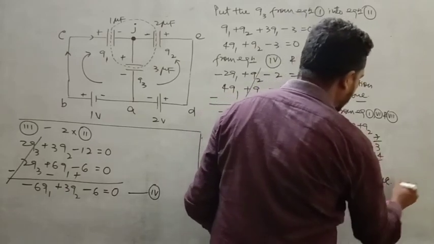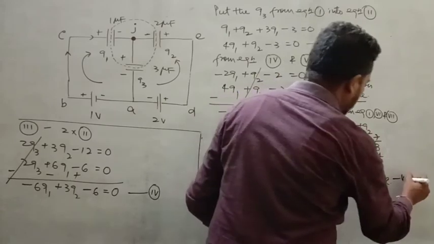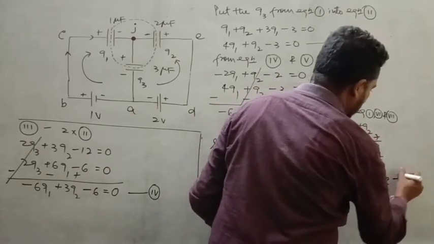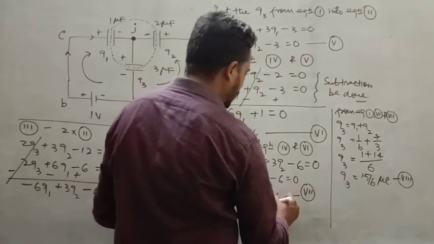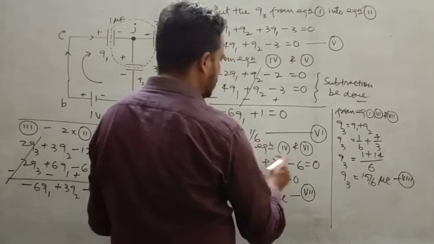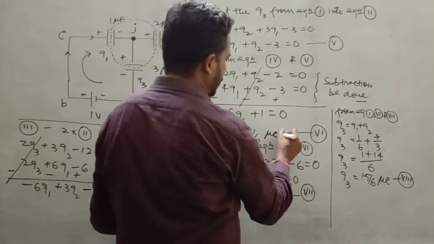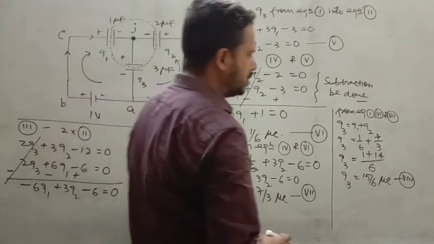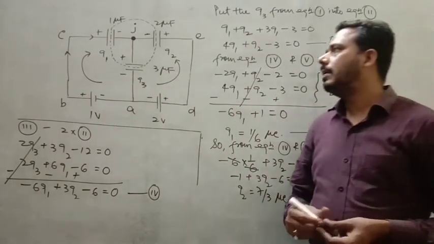And this is your equation 8, and this is your answer also. This much microcoulomb, and this much microcoulomb. So these are your charges on the different plates of the capacitor. Alright.